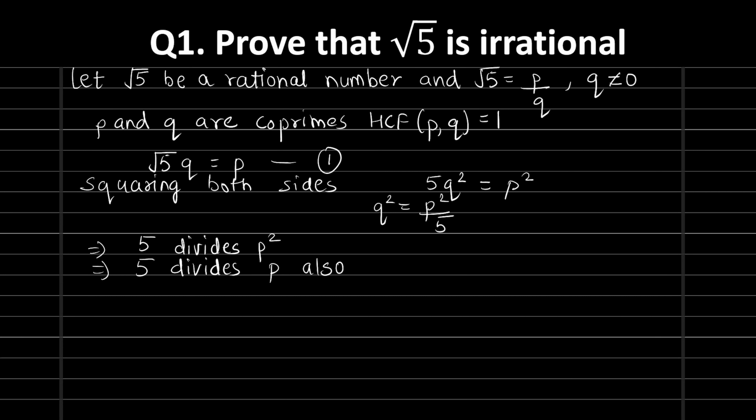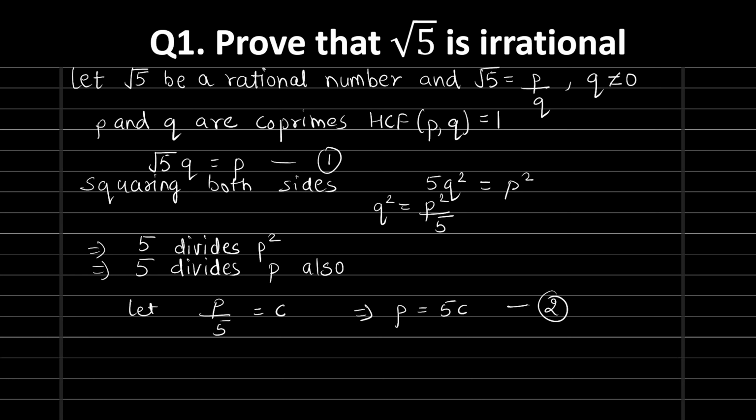Right? Now if this happens, we can assume what? Let's say p by 5 is some number c. Let p by 5, on dividing p with 5, we are going to get some number. Let's say that is c. So from this we can write down, on cross multiplying, p is equal to 5c.